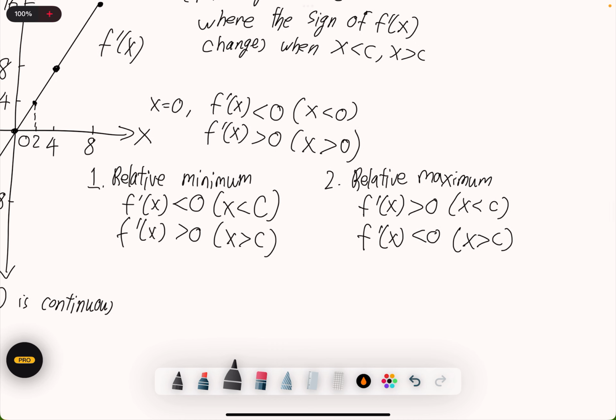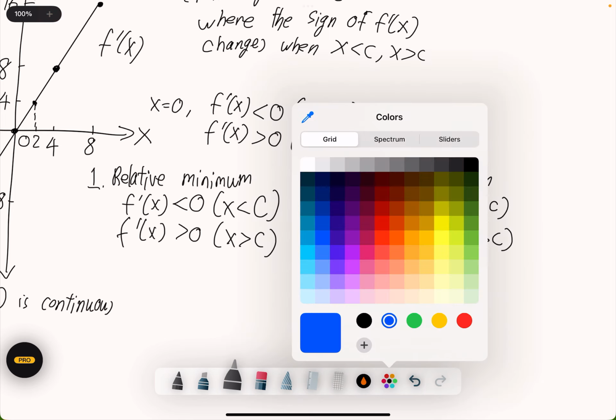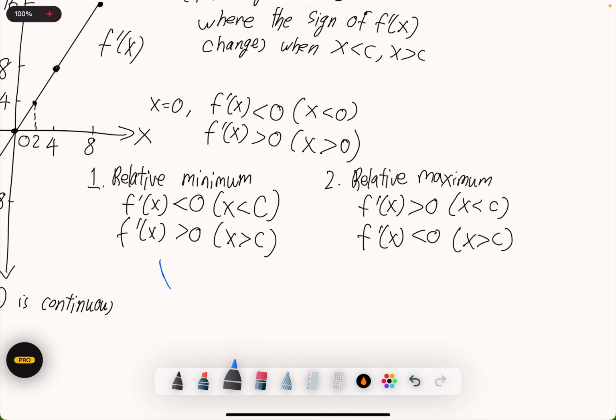So if we graph the relative minimum, say this is the critical point. Before the critical point, the graph has a negative slope, like that, and then after the critical point, the graph has a positive slope.